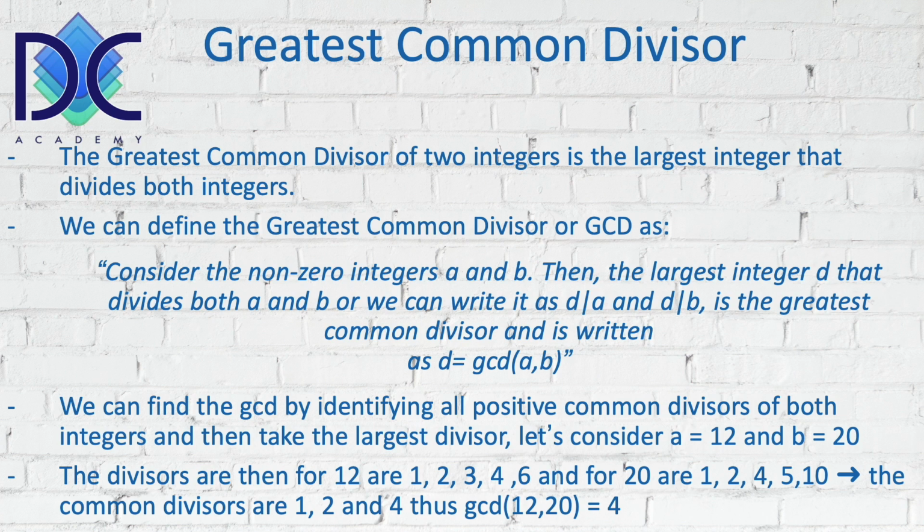We see that we have common divisors here, which are 1, 2, and 4. And we say that the GCD of 12 and 20 is equal to 4. So that's the greatest common divisor that we have in those two numbers.